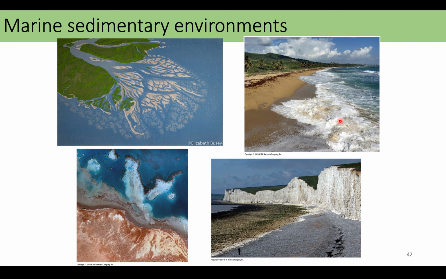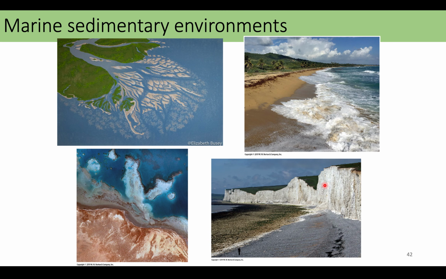Some marine sedimentary environments. We have a delta. So where the river meets the ocean, similarly to the alluvial fan, when the river meets the ocean, that water is going to slow down. It was a flowing river, it meets the slow-moving ocean. All of that sediment is going to settle out to the bottom. So we have a delta around the end of the river.